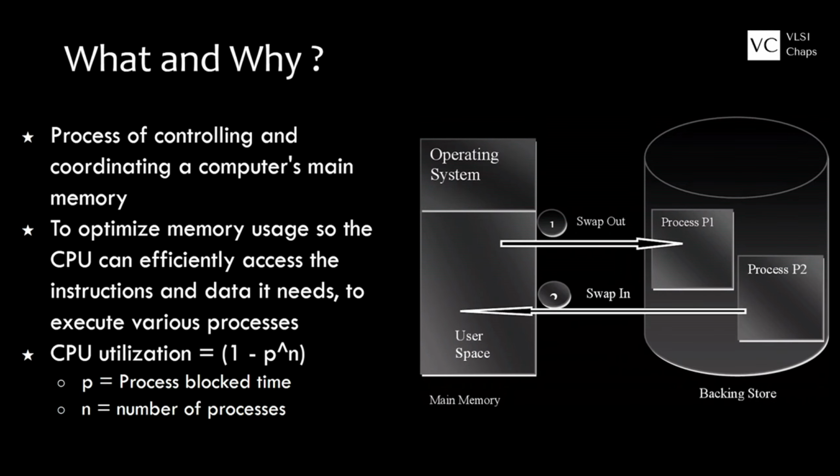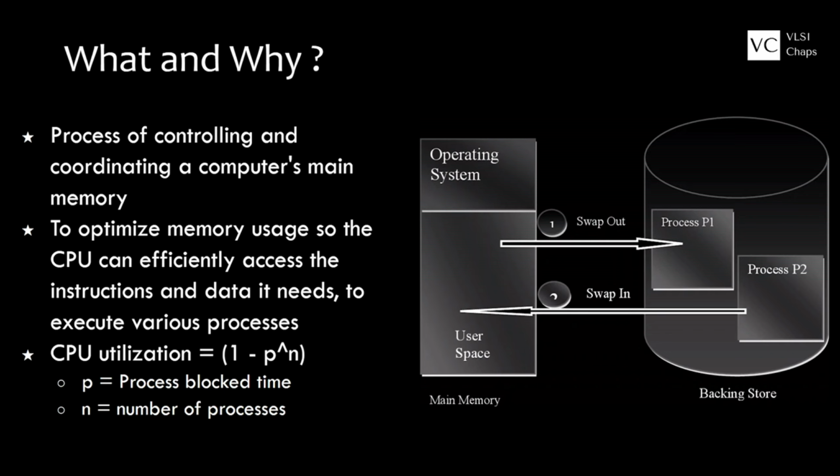Now in order to optimize CPU utilization, one should know how the CPU is utilized by a process. So let's understand that first. Consider that I have one process executing within the main memory and its idle time is 50%, because normally not every process is continuously using the CPU.